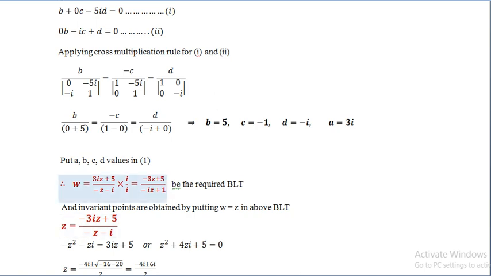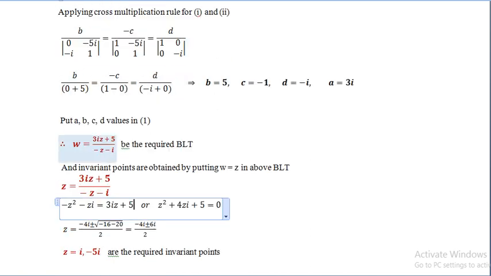So here multiplying and dividing by i here. So i into i square is minus 1, minus 3z, i into 5i, or otherwise we will keep it w equal to as it is, (3iz plus 5) divided by (minus z minus i). So which is the required bilinear transformation.